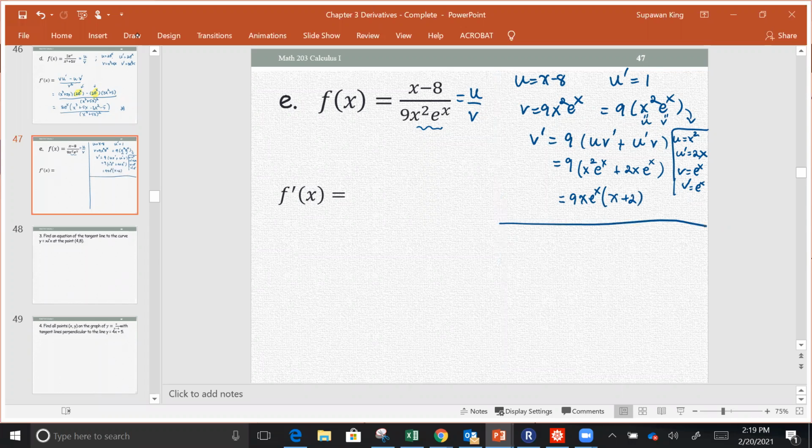And then we go back to the problem, which is the function f of x as u over v. Apply the quotient rule, which is v u prime minus u v prime over v squared.